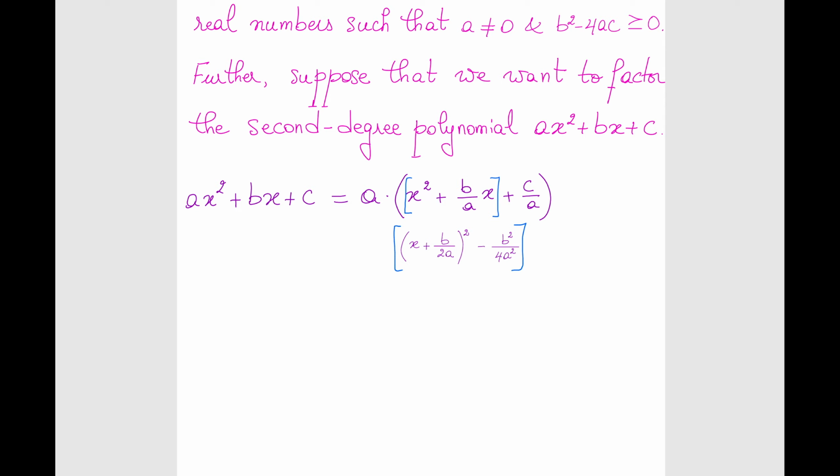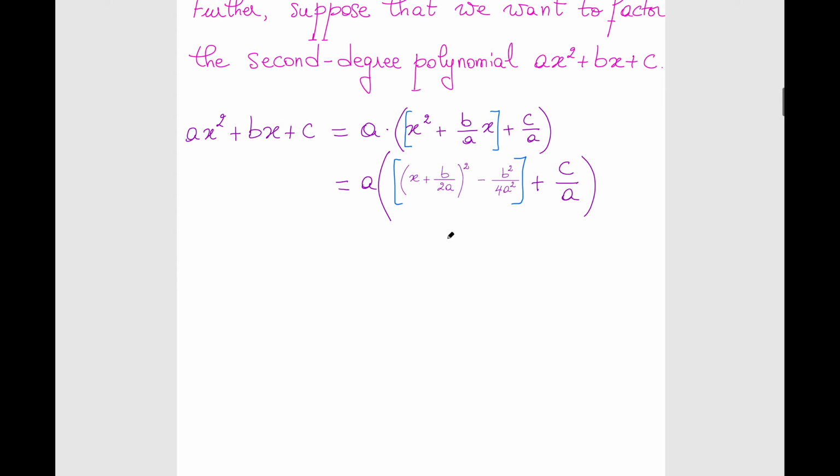And let's preserve the rest. So that's going to be equal to a times the blue plus c over a, right? Okay. All right. And then allow me to now erase those blue things. Okay. And then what do I have?